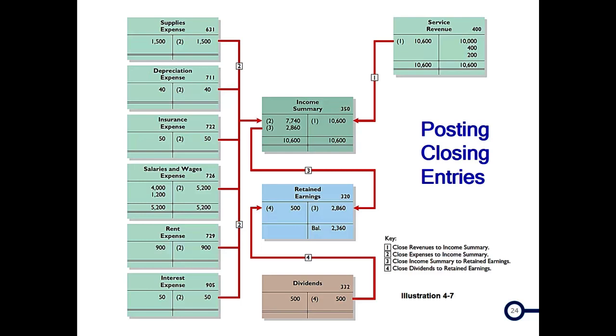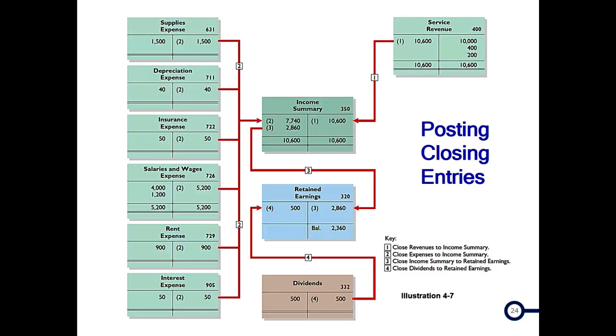The total amount of those credit entries is 7,740. And this is what we put in as a debit entry into our income summary account. Okay? So the income summary account has a credit entry of 10,600 and a debit entry of 7,740.